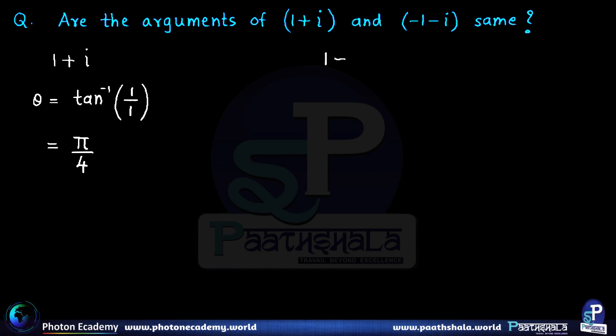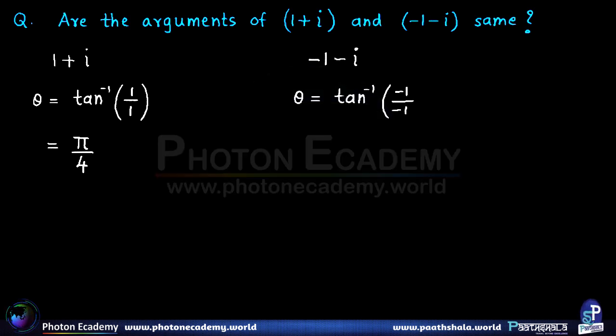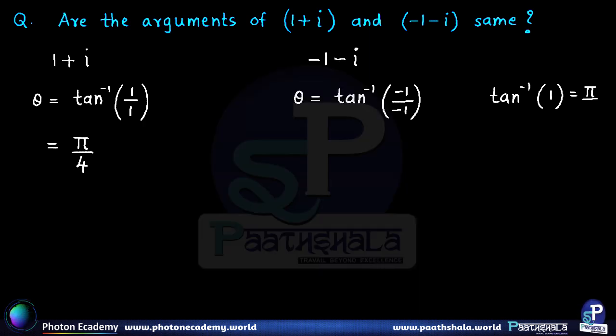Now if we consider the second number, minus 1 minus i, as per the definition of argument, it is tan inverse of minus 1 upon minus 1. But here it is not correct to say that minus 1 upon minus 1 is 1, and thereby we may land up in the wrong answer of tan inverse of 1, which we know is pi by 4 or 45 degrees.